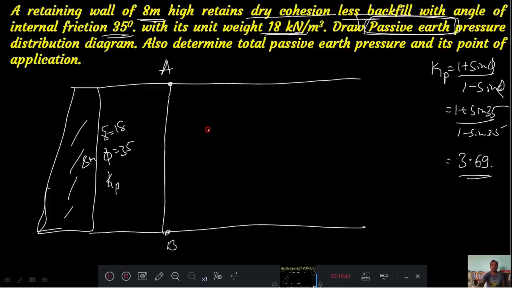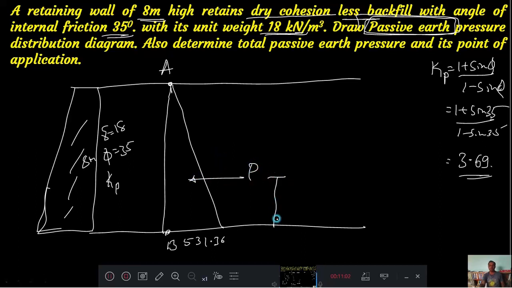Then I will go back here, the distribution will be this, 531.36. Okay, and here the total earth pressure will be capital P and acting at a distance h by 3 from the bottom.